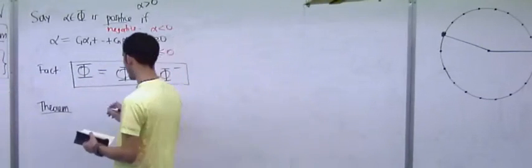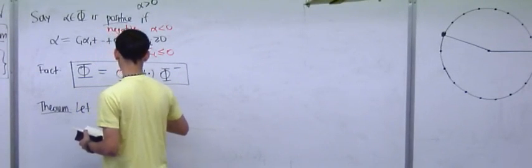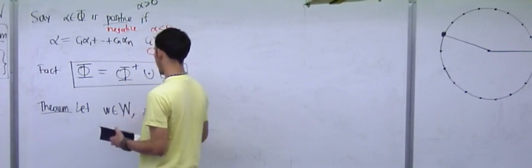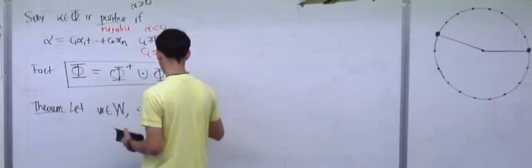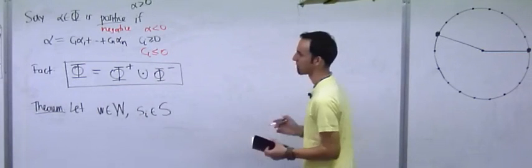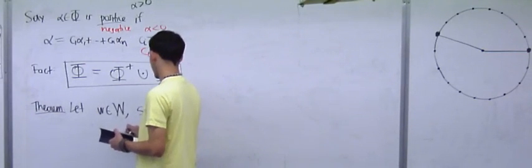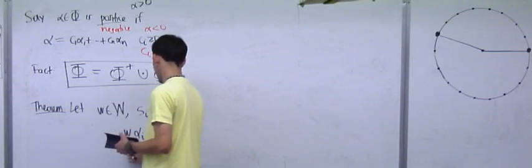And the theorem is the following. It says that if you take some arbitrary element of the Coxeter group, and if you take some arbitrary generator, I'm going to tell you whether W alpha I is positive or negative.